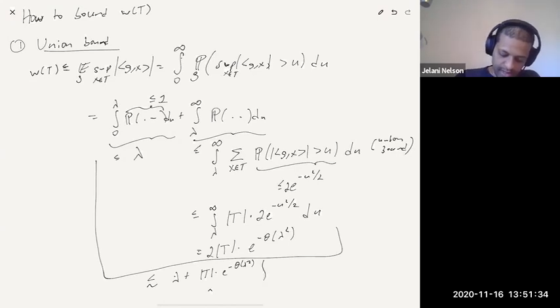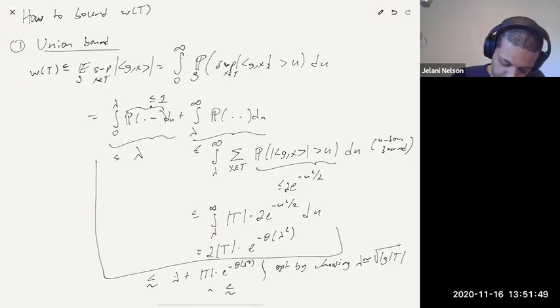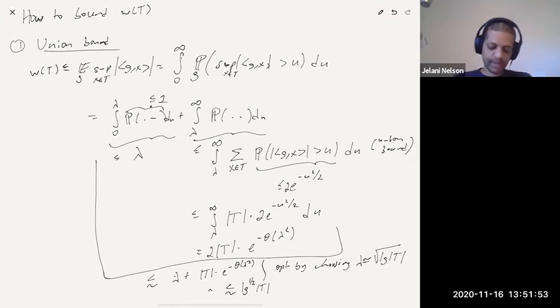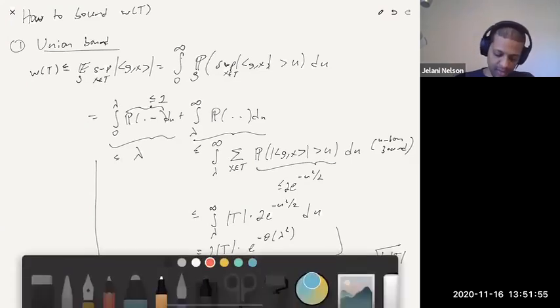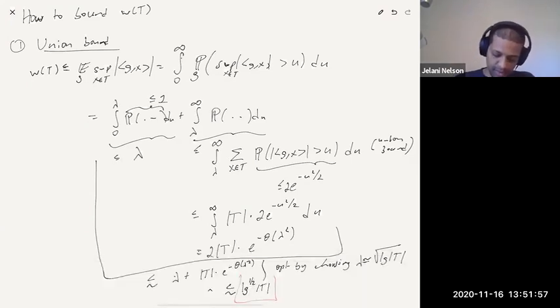So now what I'll do is I'll optimize by choosing lambda to be, up to a constant, basically square root log the size of T. And then if you do that, this is at most square root log the size of T. So this is just always true. The Gaussian mean width is always at most root log the size of T, assuming T is a subset of the sphere.